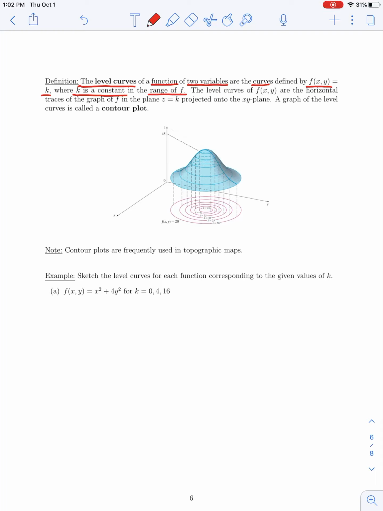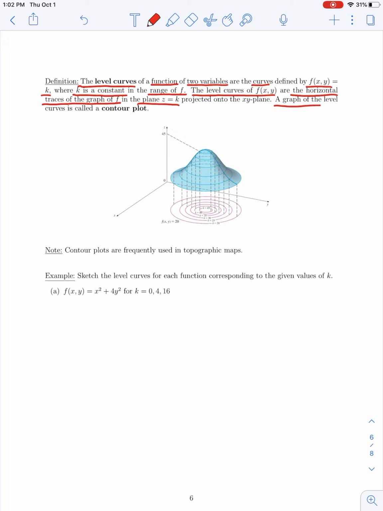So what we're doing geometrically are looking at curves in planes parallel to the xy plane. So these level curves are actually the horizontal traces of the graph of the function f in the plane z equals k.